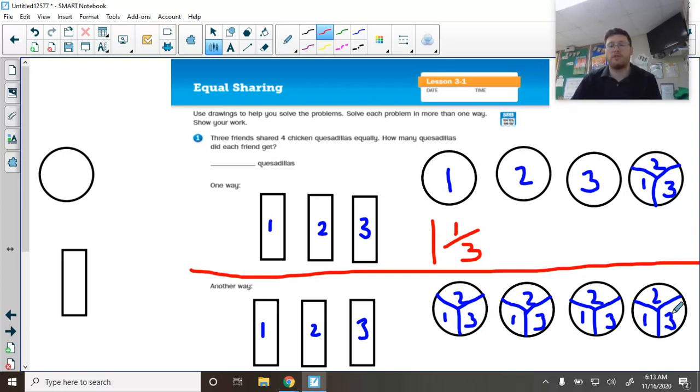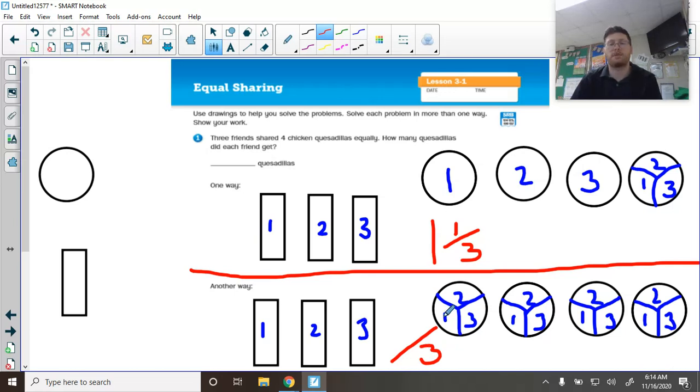With this right here, each person, 3 friends, is going to get 1 out of 3 pieces out of each one of these. So let's see how many pieces we have together. It's all out of thirds because we broke each one of these quesadillas, I keep saying pizzas, into thirds.